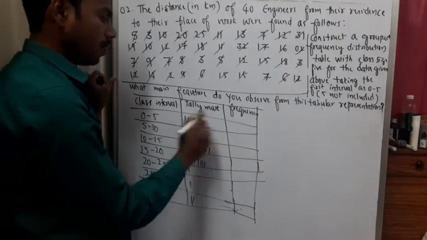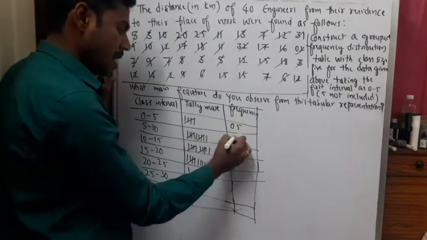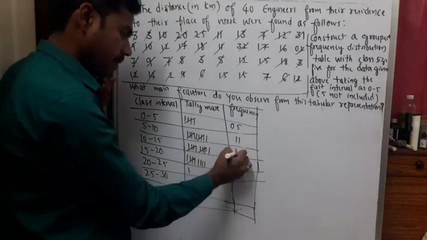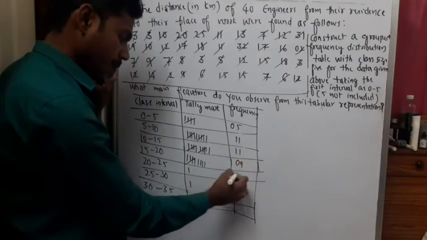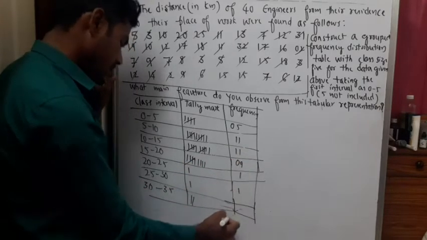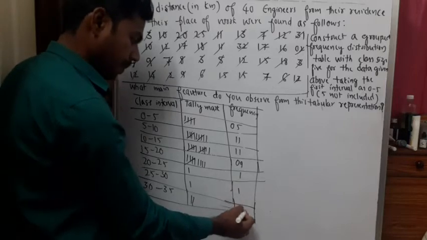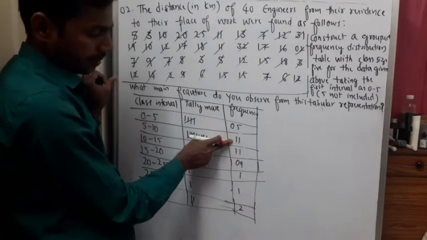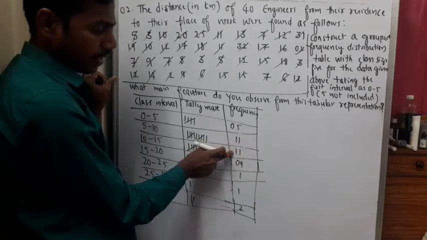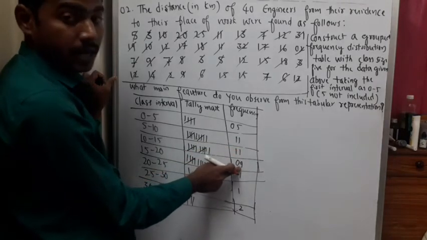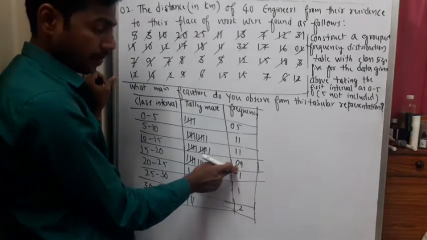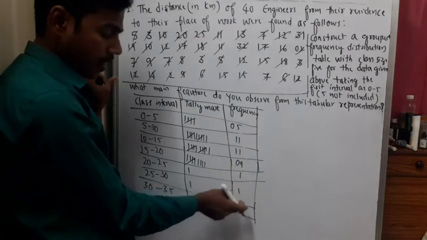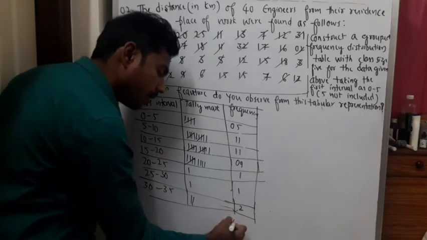Okay, now 5, 11, 11, 9. Now adding up: 1, 1, 2, 5 plus 11 is 16, 16, 17, 27, 27 plus 9 is 36, 37, 38, 40. So our table is correct, 40.